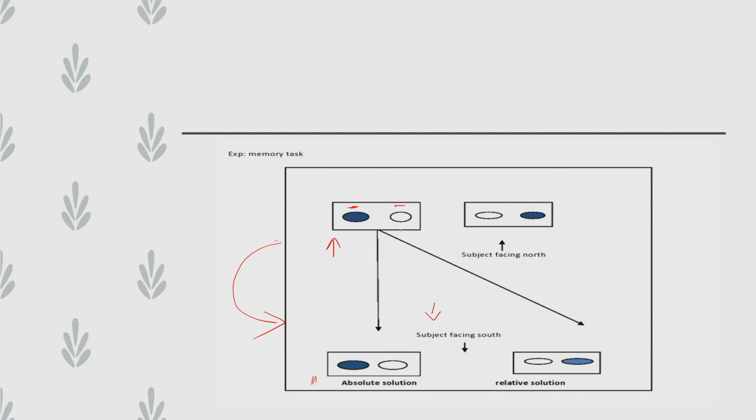So, in the previous room he was facing north, in this room he is facing south, and then they were asked to pick the table which has the same arrangement of objects they saw in the previous room. In the previous room they saw the table where the black object was to the left of the white object, that is, for us if we speak in English.